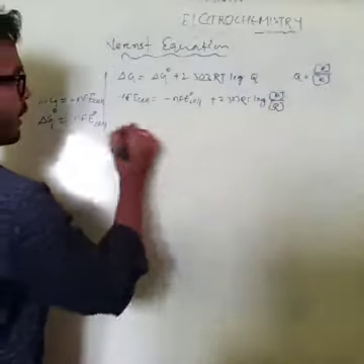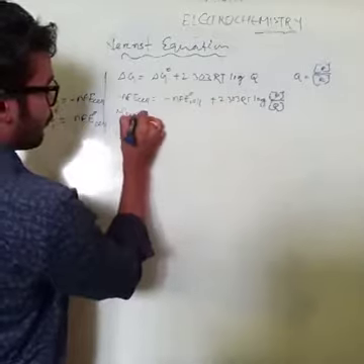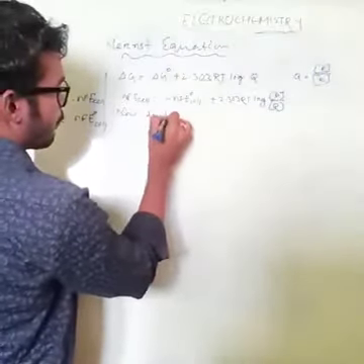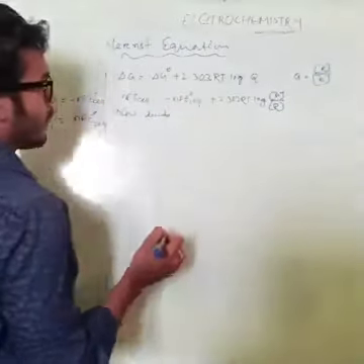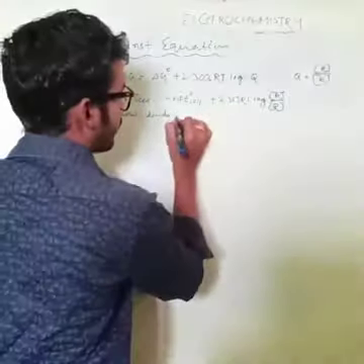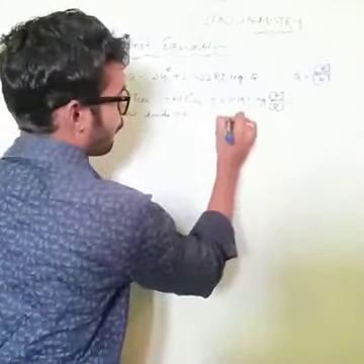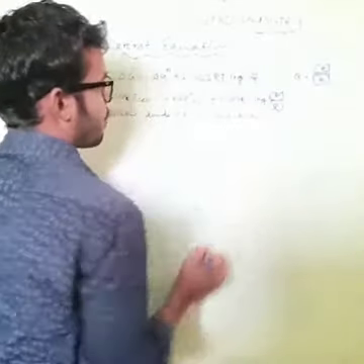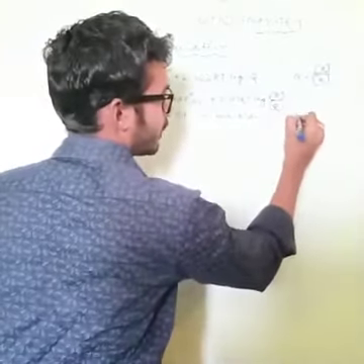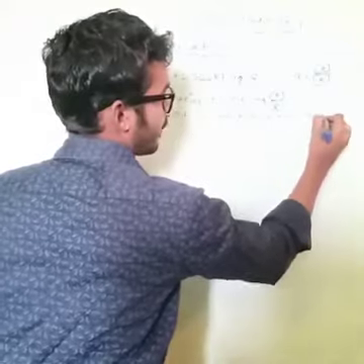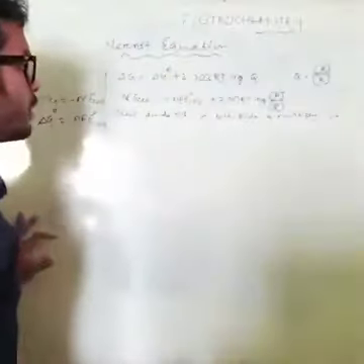Now divide by nF on both sides and multiply with a negative sign.